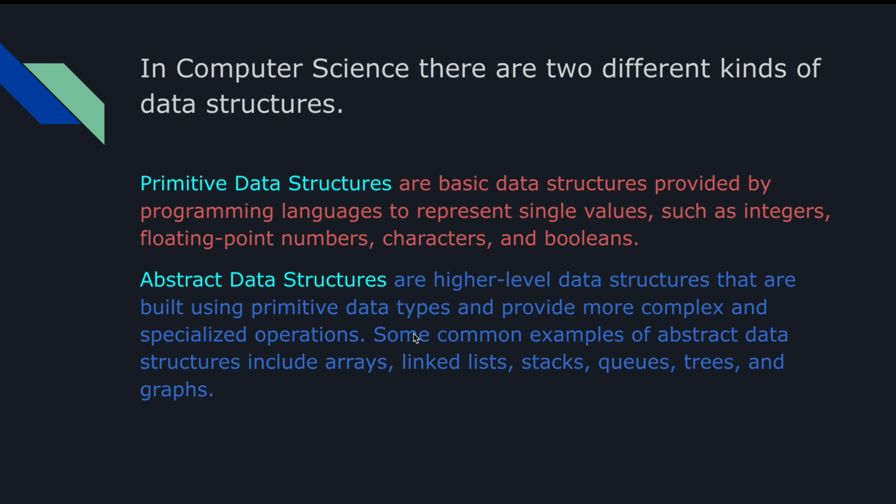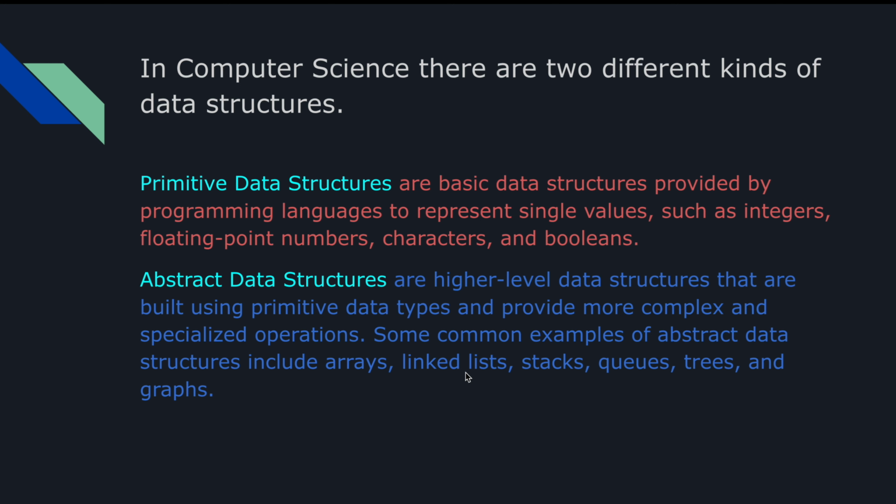And abstract data structures are more complex and built using primitive data types. They are specialized, they provide specialized operations and include structures like array, linked list, stack, queue, trees and graphs. So these are nothing else but they are built over these primitive data structures.